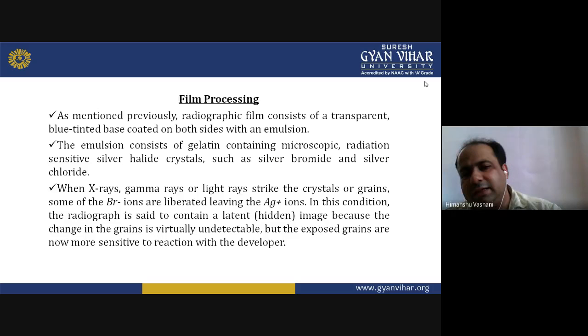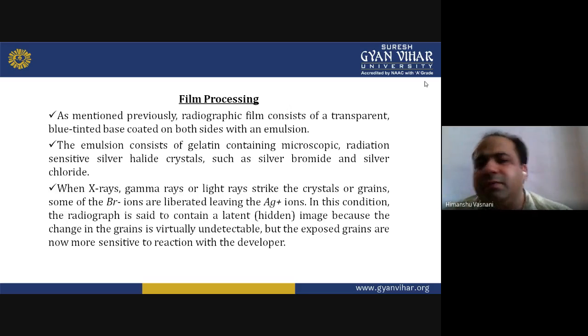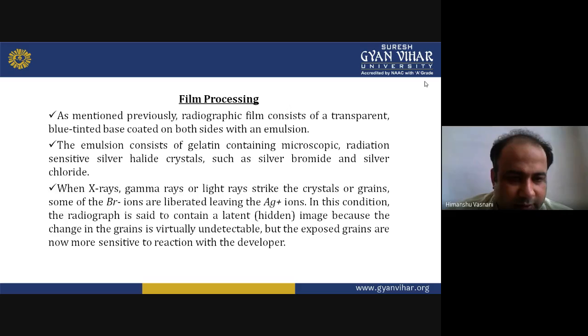Now film processing. This is also a very important topic. Radiographic film consists of a transparent blue tinted base, coated on both sides with an emulsion, as we have already discussed. The emulsion consists of a gelatin containing microscopic radiation sensitive silver halide crystals such as silver bromide and silver chloride.